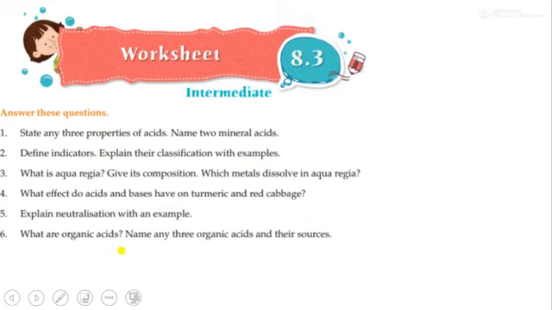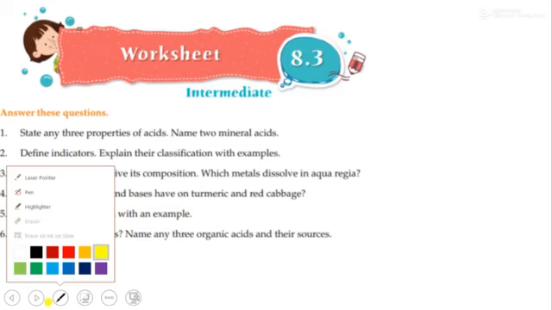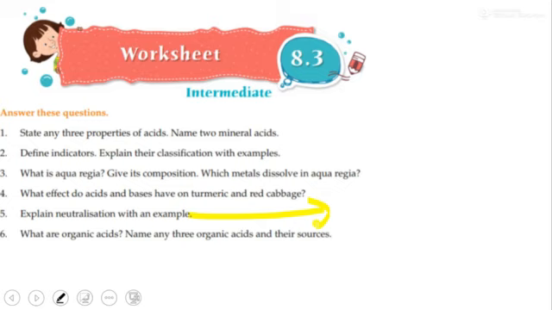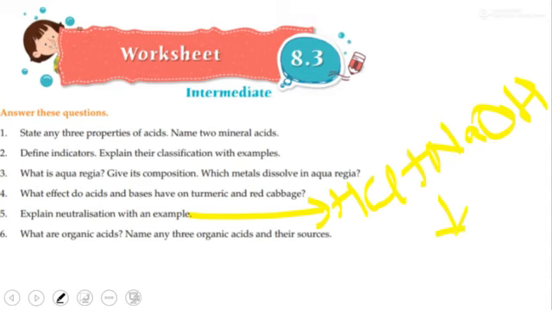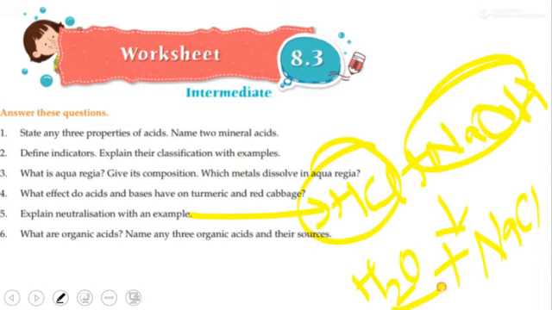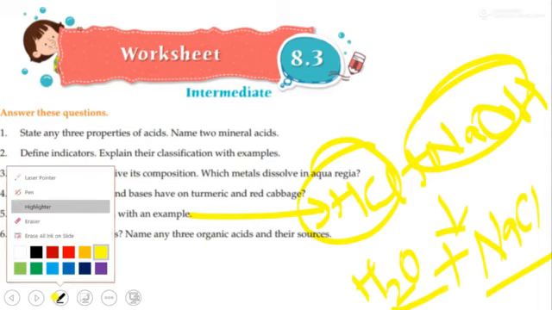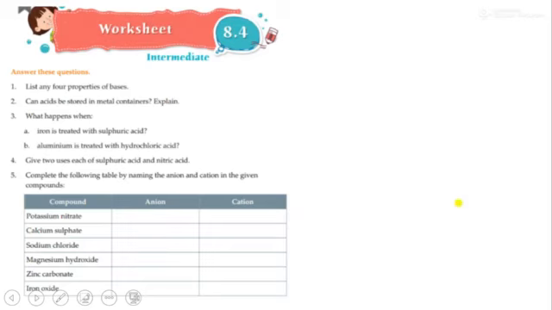Example I'm just taking: hydrochloric acid is an acid which reacts with a base, NaOH, to form water and NaCl, right? This is an acid, this is a base, which will form water and salt. Right? Next we are moving.